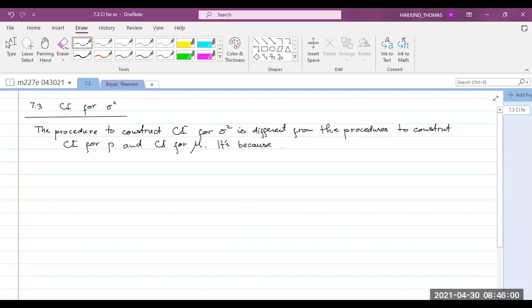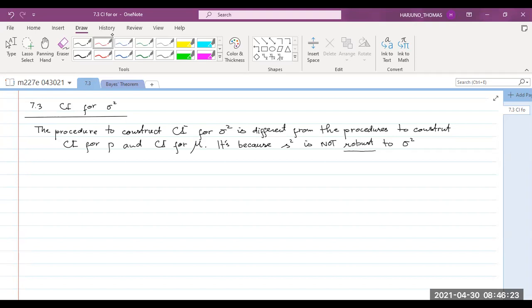the sample variance S squared is not robust to population variance. Now, what does the word robust mean in here?